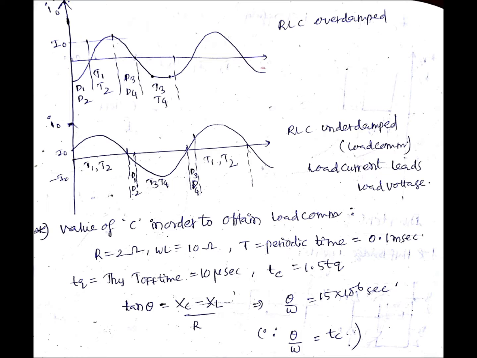So that you need to use there. So omega you have, and also you have omega L and R. If you substitute all these in the tan theta formula, you will get capacitance. That's it. This is an important question actually. Okay, right. Thank you.